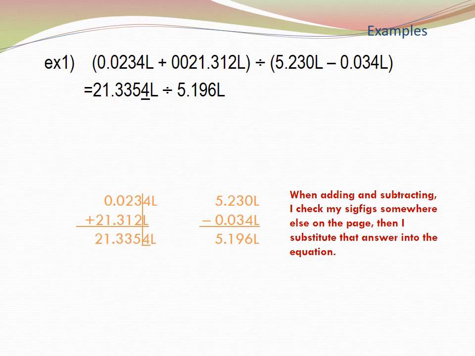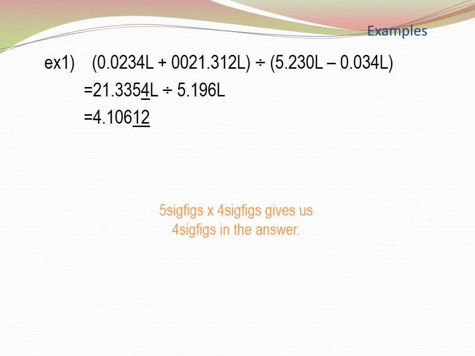Then I did the subtraction as well. I had 5.230, which ran out of sig figs right here. 0.034 ran out of sig figs at the exact same spot. So when I drew my round off line, it runs right through here, which means everything is significant. So I rewrote the number up here with nothing underlined because all those numbers are significant. I then carried out the division.